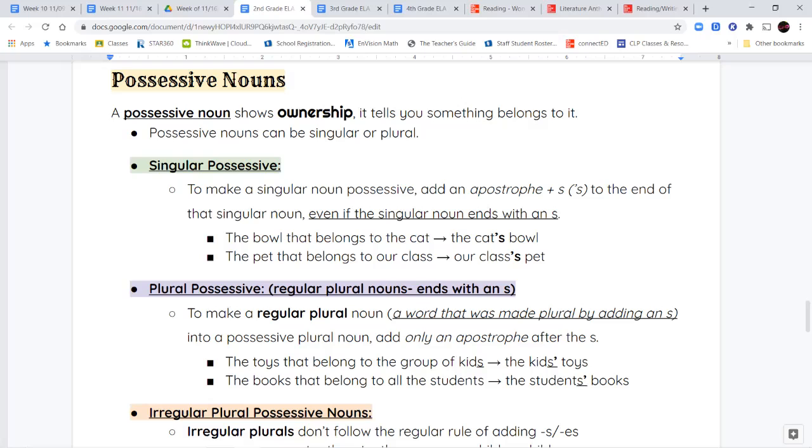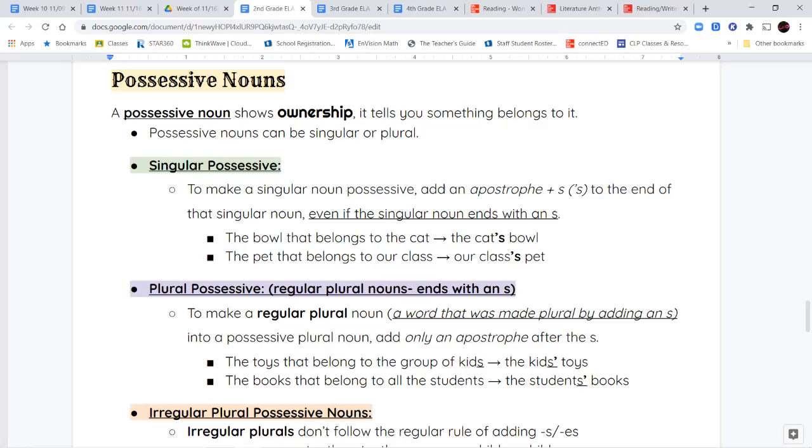When we want to make a singular noun possessive, we add an apostrophe and an S to the end of the word. An apostrophe basically looks like a comma, but it sits higher up. It doesn't sit on the line. So we add an apostrophe plus S to the end of a singular noun, even if that singular noun ends with an S. This is where the rule gets a little bit silly.